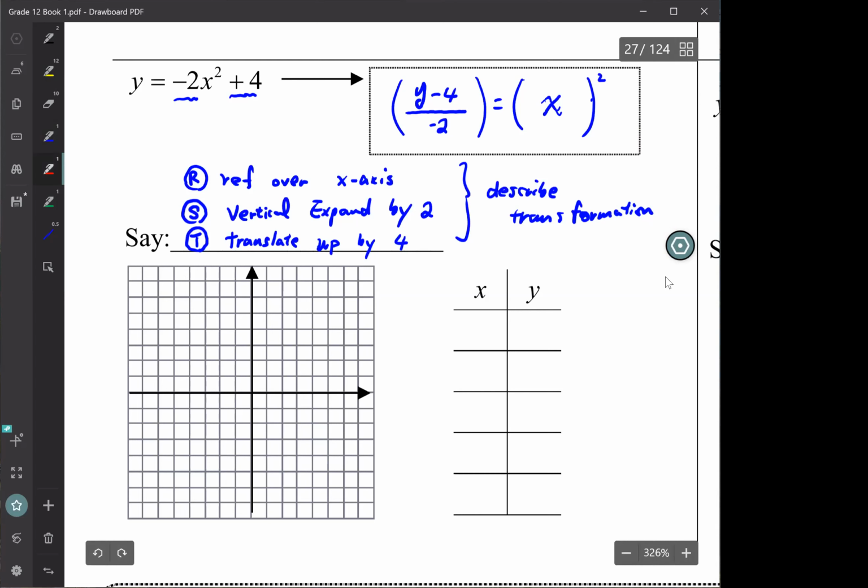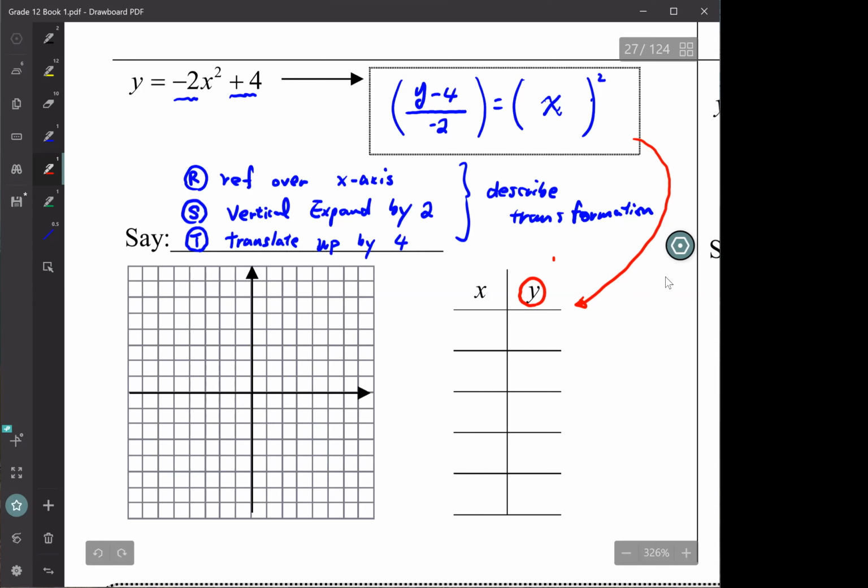Use this one to get a table. You just take the original y values, multiplied by negative, because of reflection. Whatever is on the y side, you do it to the y value. So all the y multiplied by negative, and then expand by 2, so you multiply by 2.